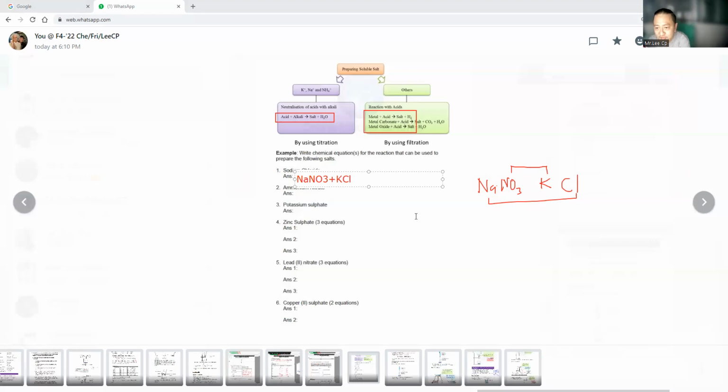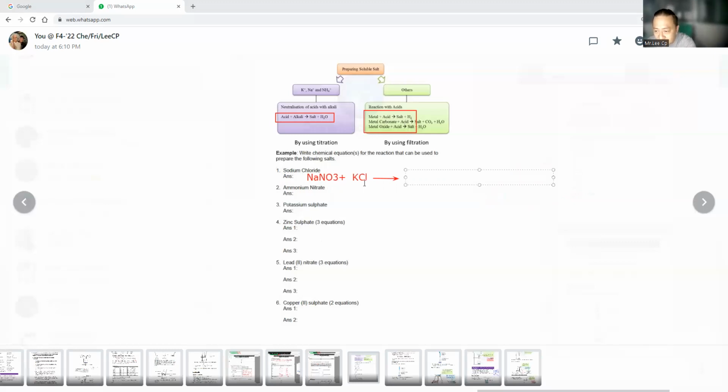So you need to balance the equation for me. Help me to balance the equation.